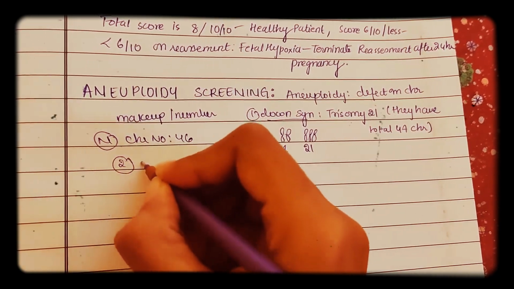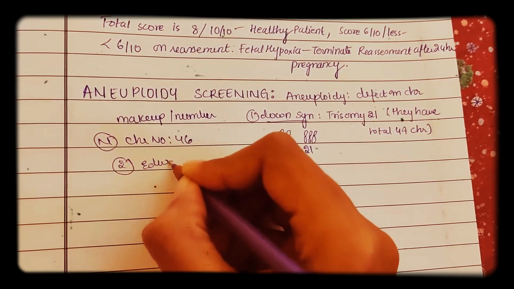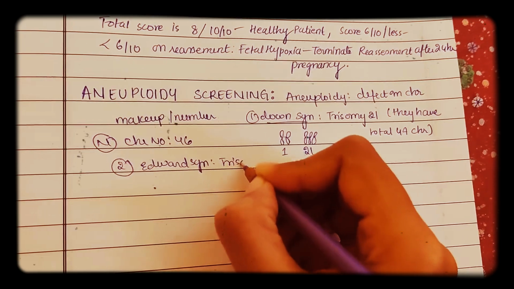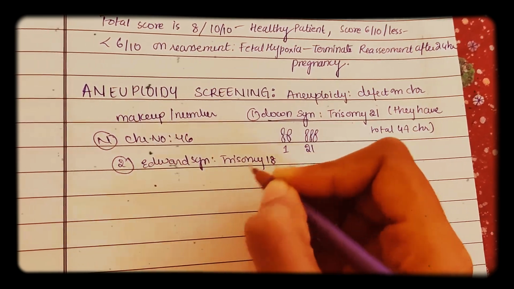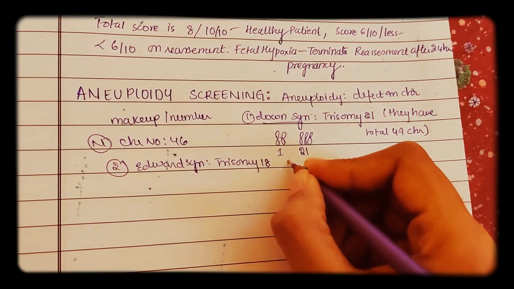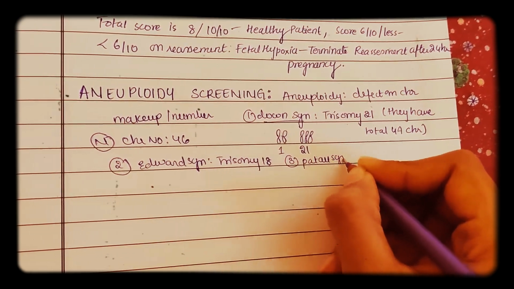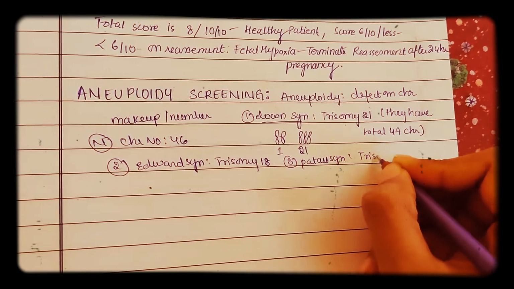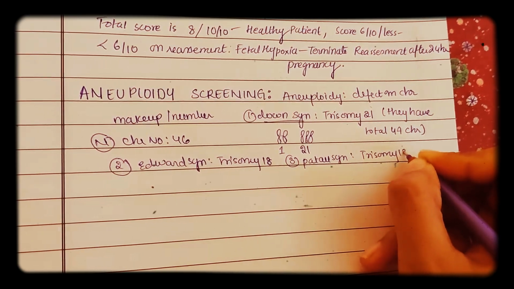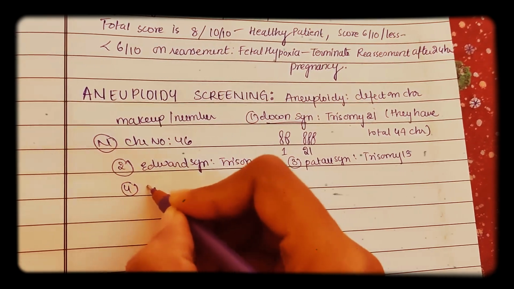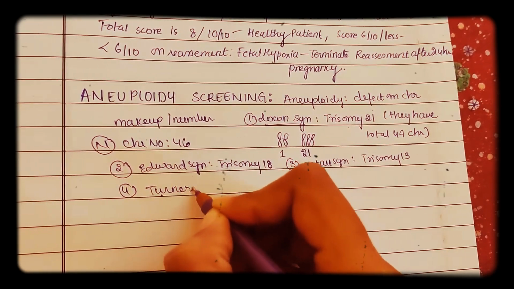The second aneuploidy which we discuss is Edward syndrome. In Edward syndrome there is trisomy 18, meaning on the 18th chromosome there is one more extra chromosome. Coming to Patau syndrome, there is trisomy 13, meaning on chromosome 13 there is one more extra chromosome. The fourth one is Turner syndrome.